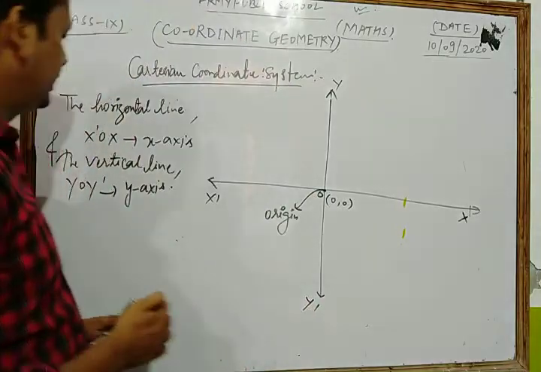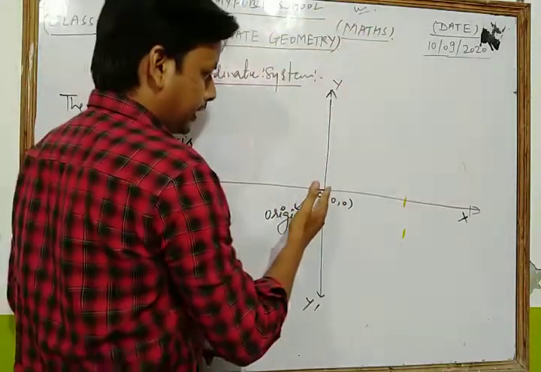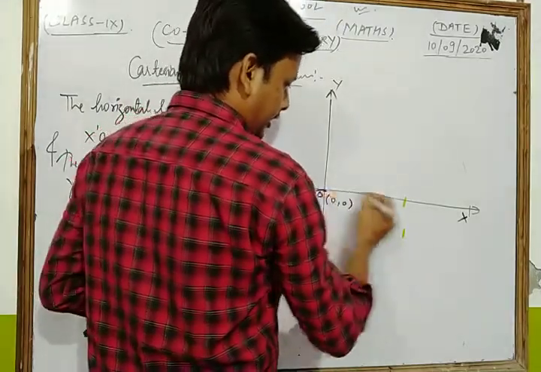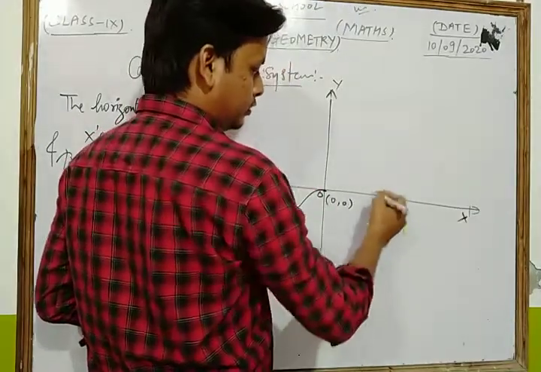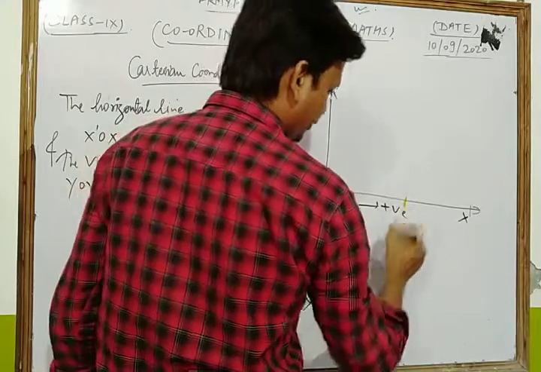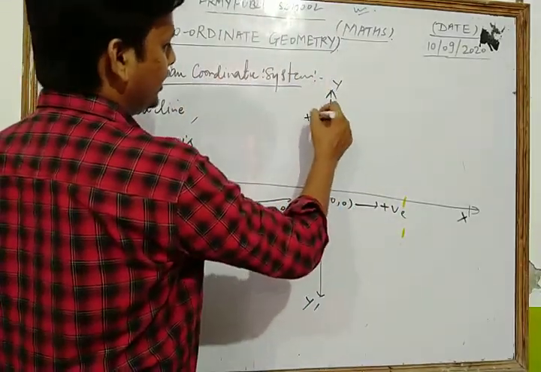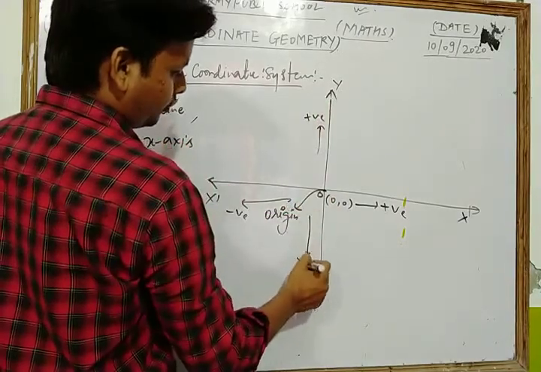Now look, dear students, from the origin, the right side is the positive direction of x, this is the negative direction of x, this is positive of y, and this is negative of y.